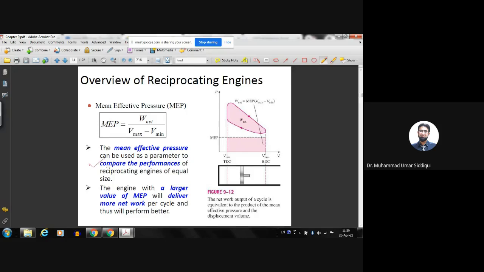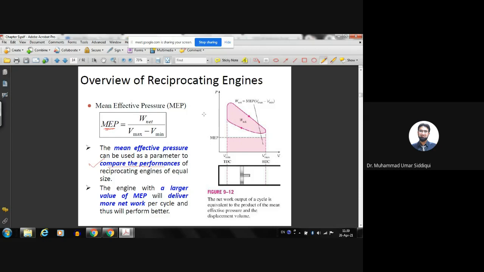Now, what is the significance of it? A lot is mentioned within the book as well, and I want you to search it and go through it yourself. What is the significance of mean effective pressure? This is your self-study task.